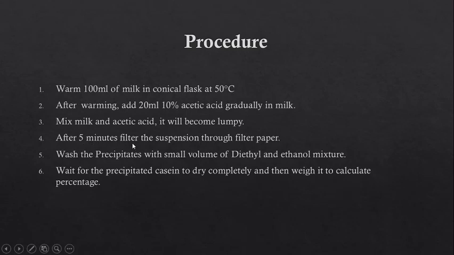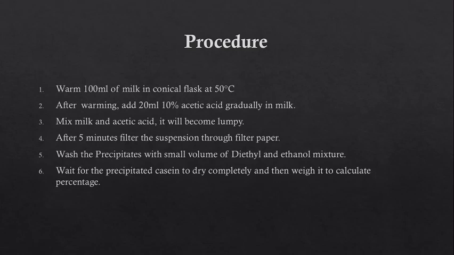After 5 minutes, filter the suspension through the filter paper. Then wash the precipitates that settled on top of the filter paper with a small volume of diethyl ether and ethanol mixture, because along with the casein there can be some unwanted substances present in that precipitate.